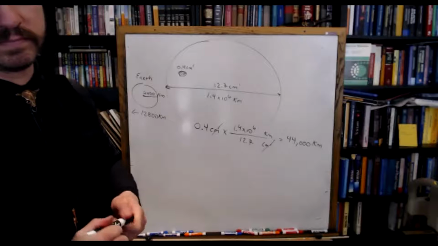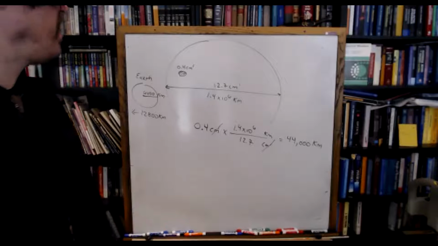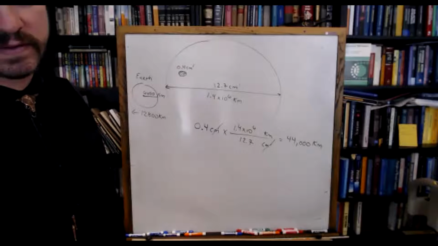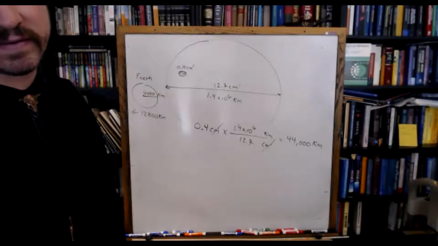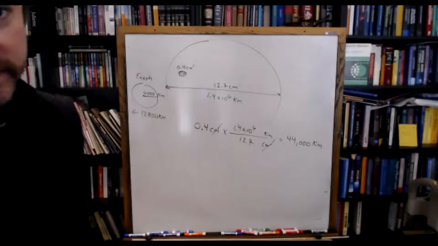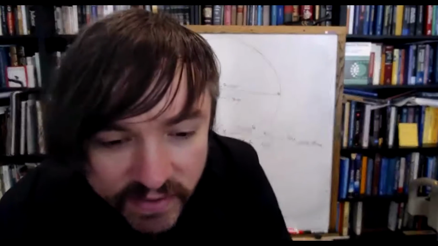Seven-ish times bigger. I got about 7 times bigger. No. 12 versus 44? It's 3 or 4 times bigger. Right, Kayla? Okay. Do you guys see what my point is?